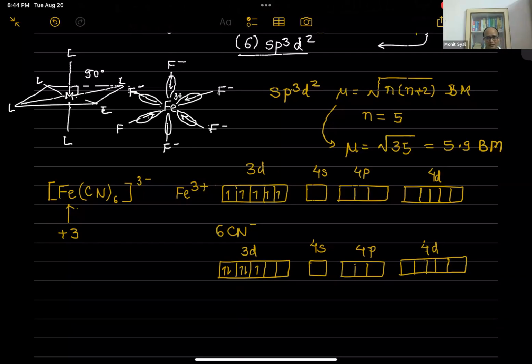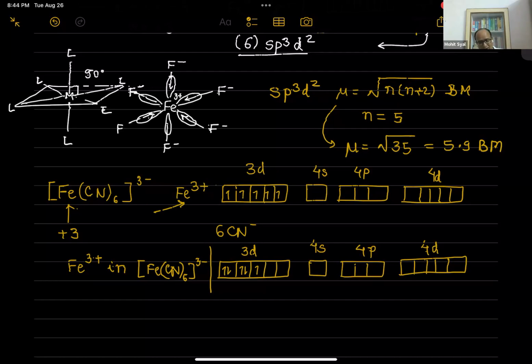But this is not the isolated iron. This is the iron which is surrounded by 6 strong field ligands. Marwa, are you getting the point? Yes, sir.